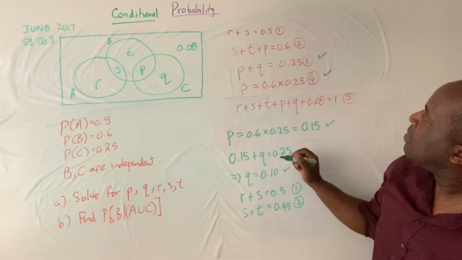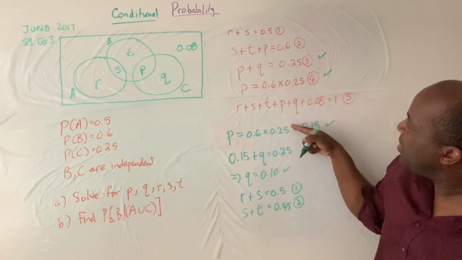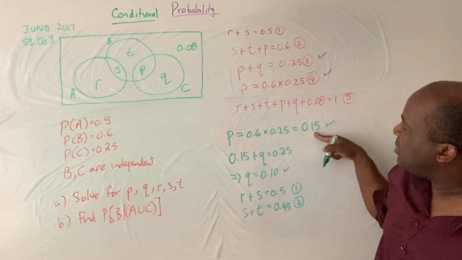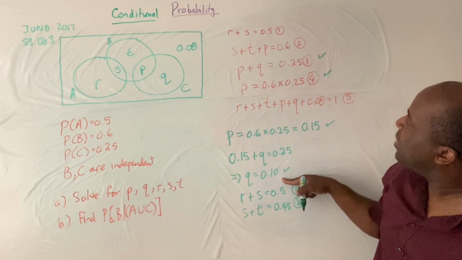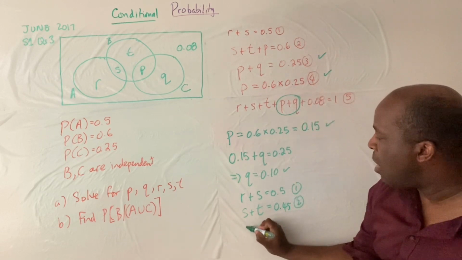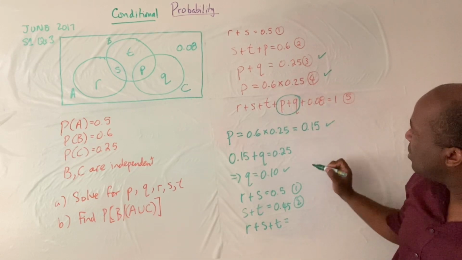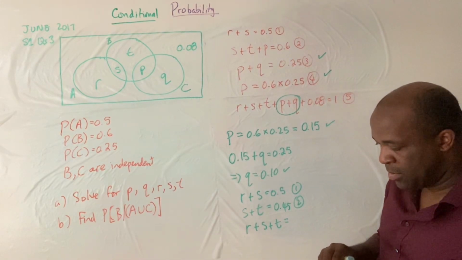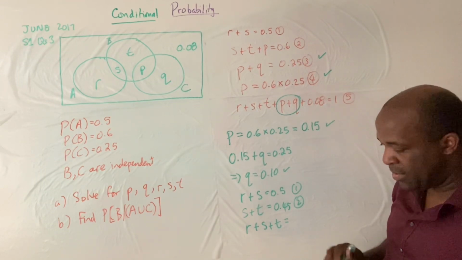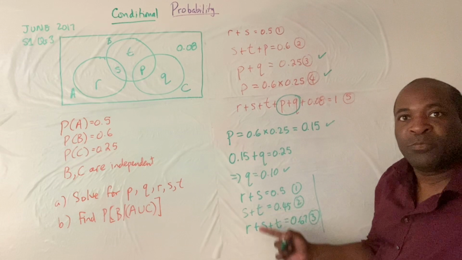And then the final one, I know P and Q added together. So P is 0.15, Q is 0.1, that's 0.25. So R plus S plus T is equal to 1 minus 0.08 minus 0.25, so 0.67. All right, so that's my remaining information.